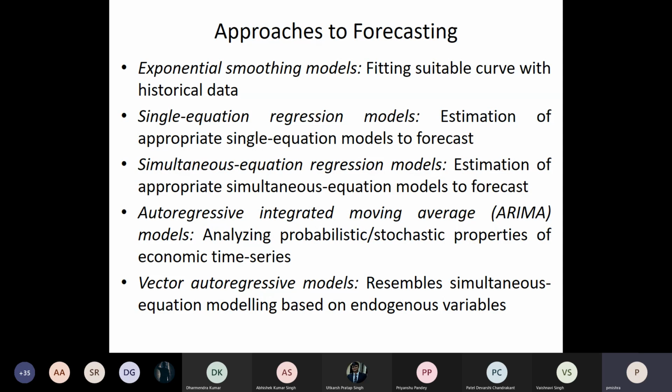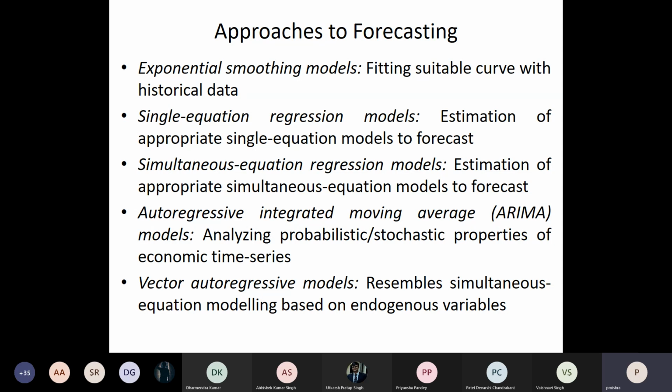Like, as I said, the relationship between, say for example, savings and income. Because from the macroeconomic point of view, how our saving behavior changes, understanding that is very, very important, because it is savings where from we source the capital to make investment.